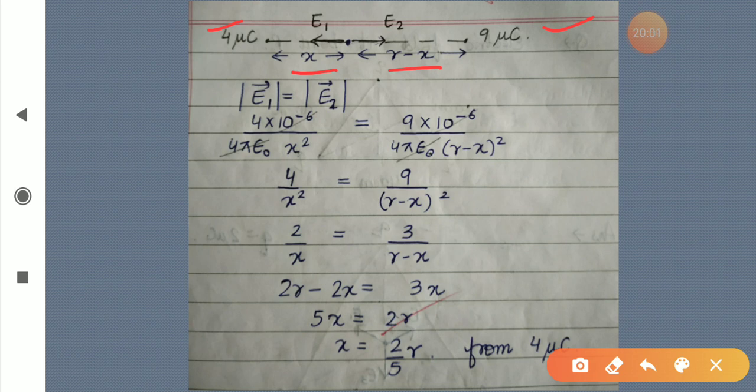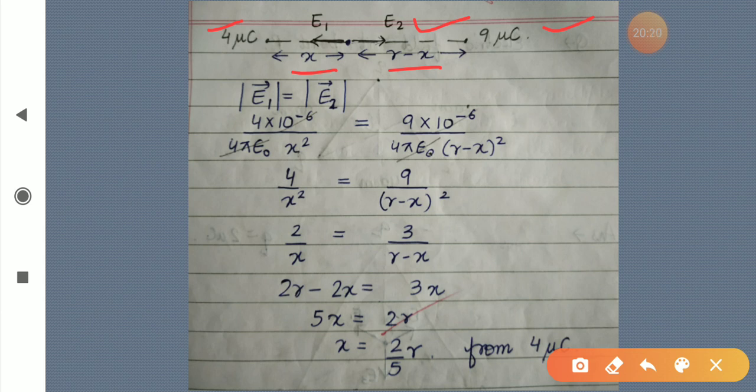Now, you know that electric field is always directed away from a positive charge. So electric field due to 4 microcoulomb is E1, directed away from it.